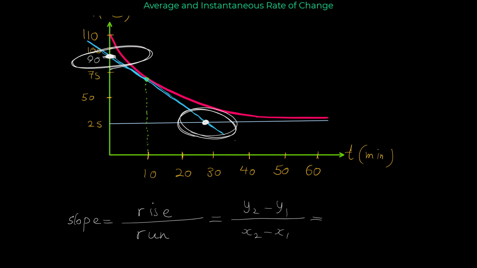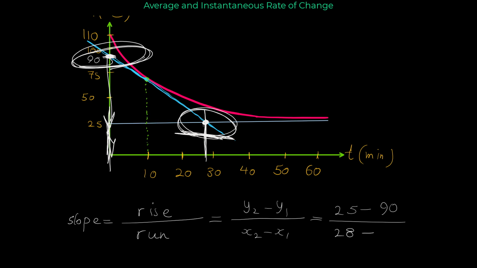So y2 would be 25 minus y1, 90, over x2 minus x1. What is the x coordinate of this point? It is almost 28. What is the x coordinate of this point? The x coordinate is 0, so minus 0.